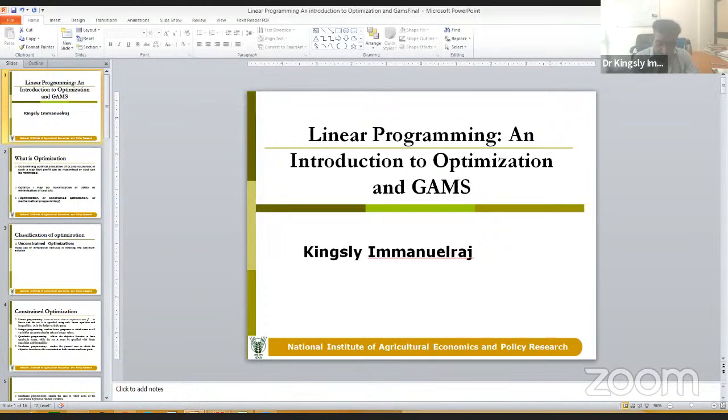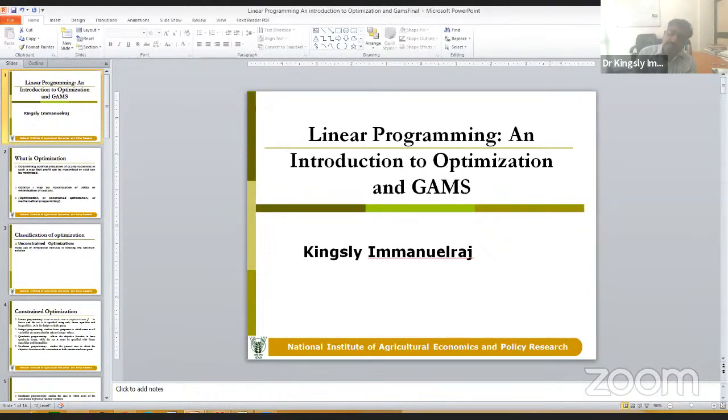That means suppose water is plenty, then you apply it such that the marginal productivity (MP) of your crop is zero. That's what you apply. But that does not naturally happen in the world. Our resources are always constrained, so we always use constraint optimization.